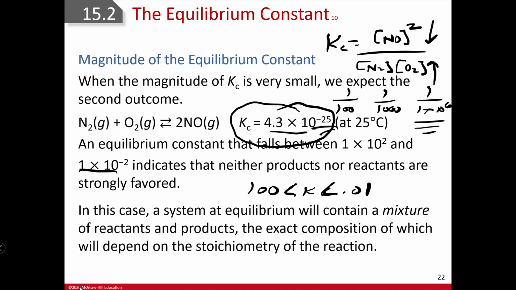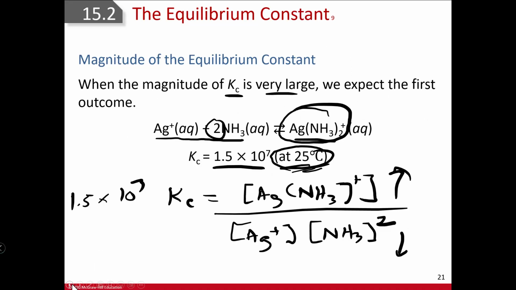You know, this is where pharmaceuticals cost so much money. You spend a lot of money and you form just a little bit of the product, and you take that product off, that's the active ingredient in the drug. But then they have to load this up more and more just to get that little bit of product. Whereas in the first expression, where this is such a huge number, product is favored.